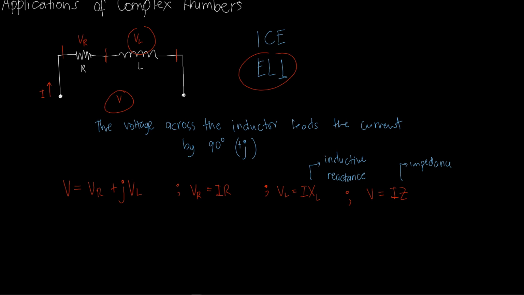So plug in na: V is equal to IZ, is equal to VR which is IR, plus VL which is IXL. Then pwede na i-divide tanan by I, kaya mabilin na lang Z is equal to R plus JXL.